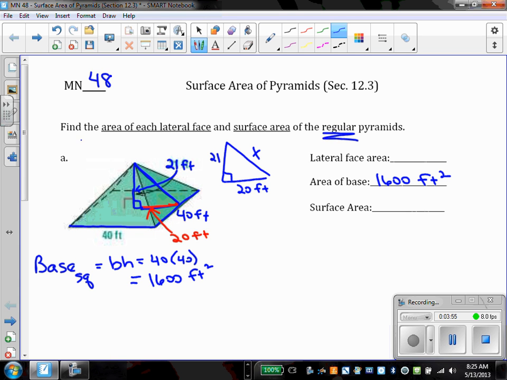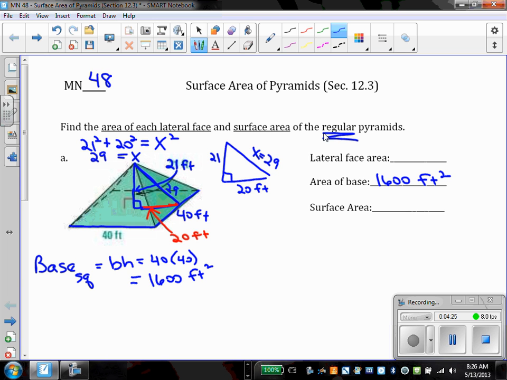So we have 21 squared plus 20 squared, since those are our 2 legs, and that's going to equal our hypotenuse squared. And when you solve this, and we've done this many times, you want to make sure you can do it in your calculator, doing the right order of operations, but you should get a length of 29. So this length right here is 29, which means that our slant height is 29.